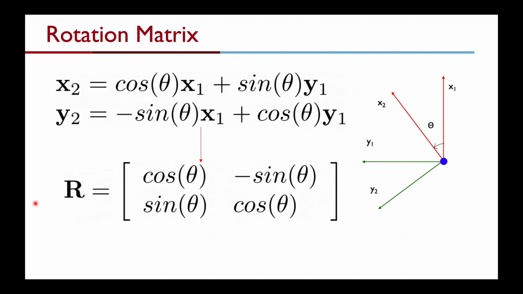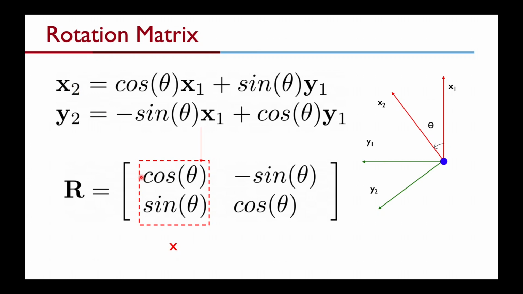So that means our rotation matrix for this simplified 2D rotation example becomes the following. Given the unit vectors x1 and y1, if I multiply them by this rotation matrix, I will obtain these two expressions of x2 and y2. The first row corresponds to the x dimension of the new coordinate frame.